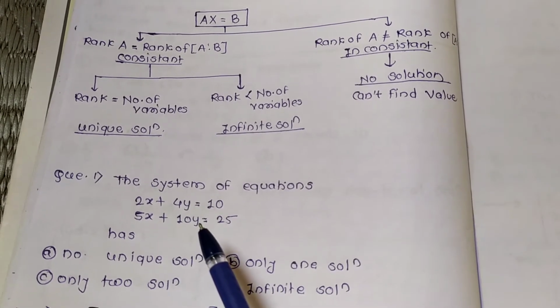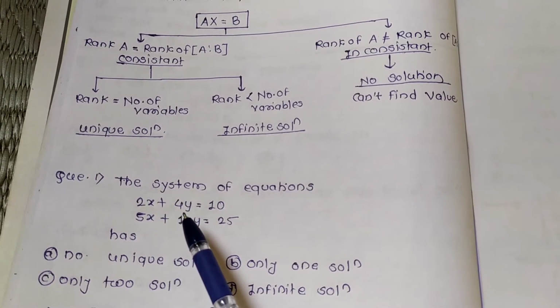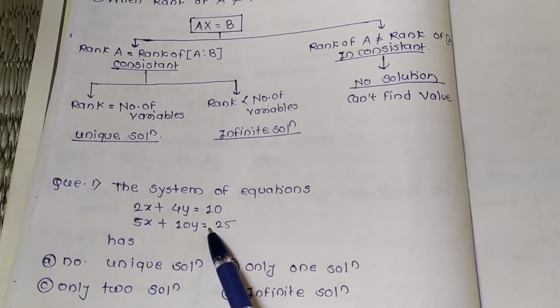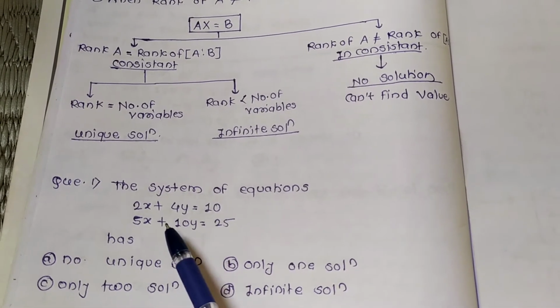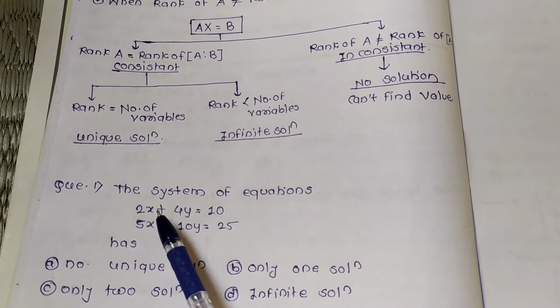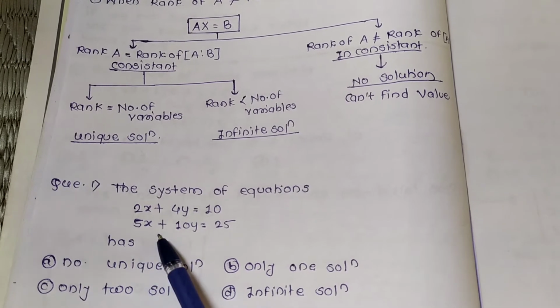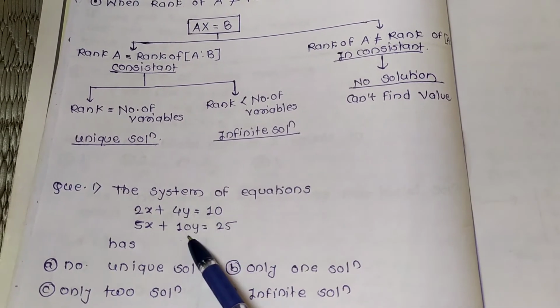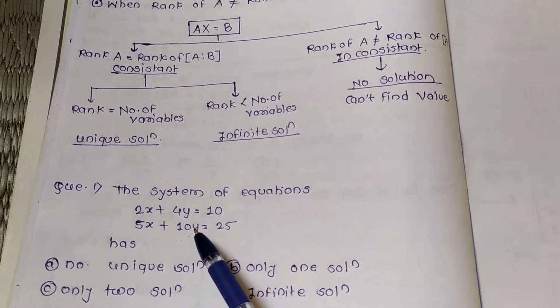For that, what we have to do? We have to convert it into AX = B form and then write down the augmented matrix, and after writing the augmented matrix, find out the rank of that augmented matrix.